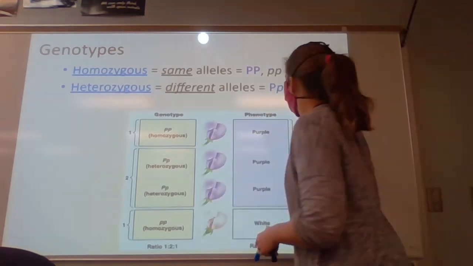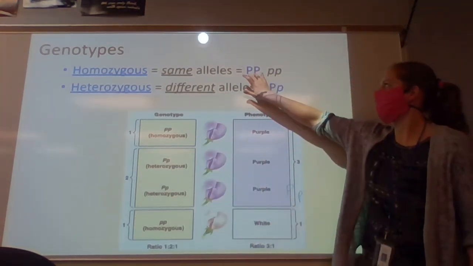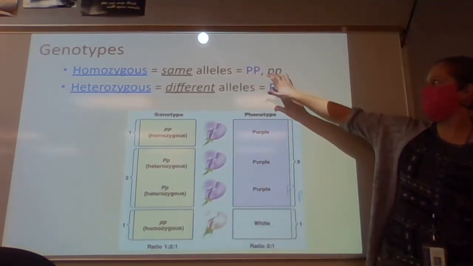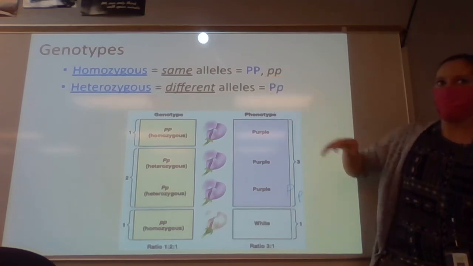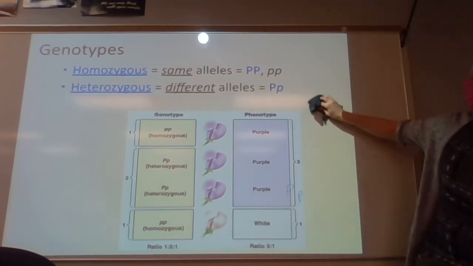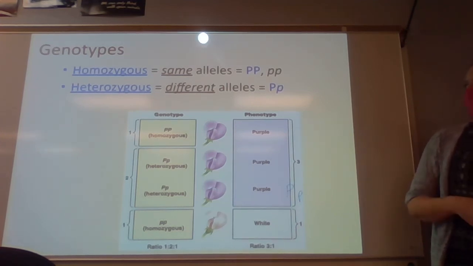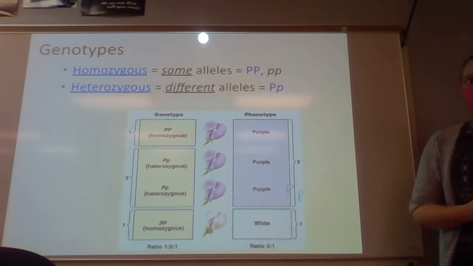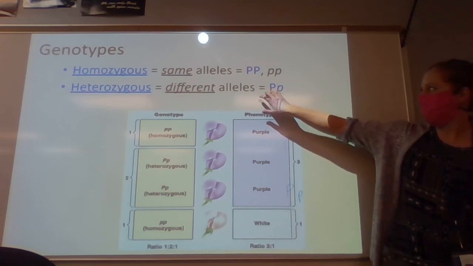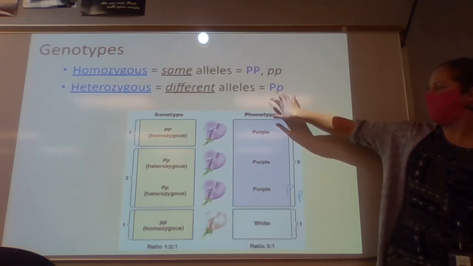Either homozygous dominant, both dominant, or homozygous recessive, both recessive. Two of the same. The prefix hetero means different. So heterozygous means a zygote that has different alleles. Capital P, lowercase p, one dominant, one recessive.